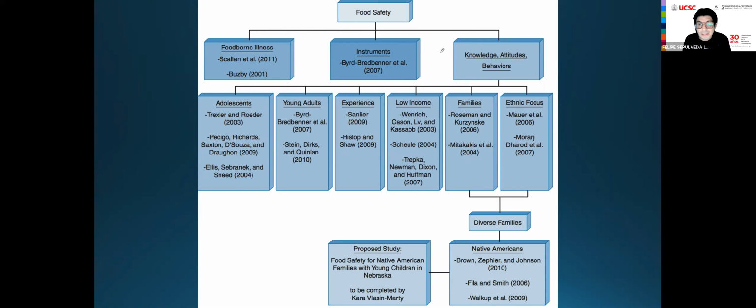But it has these three general topics that the author identified as important to develop in their literature search, to know and to describe the relevant literature about this topic: foodborne illness, instruments, and knowledge, attitude and behavior. And below this topic, they have subtopics that they identify as important as well to develop in their literature review.